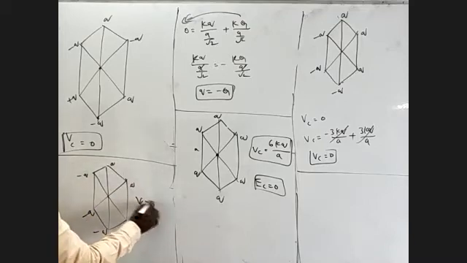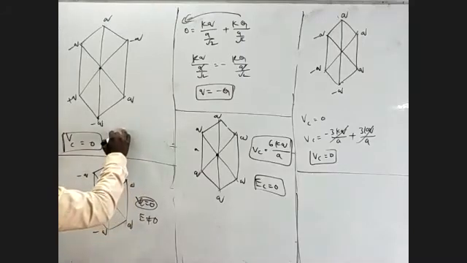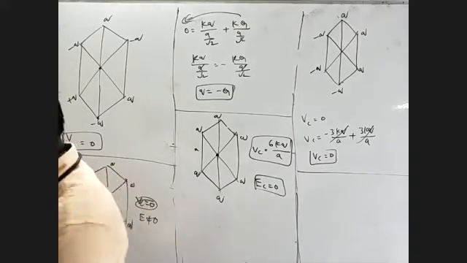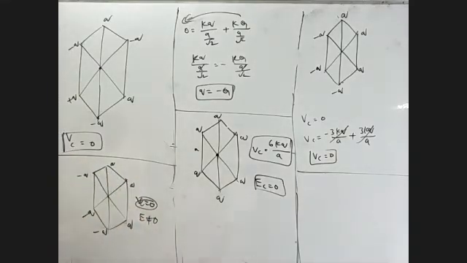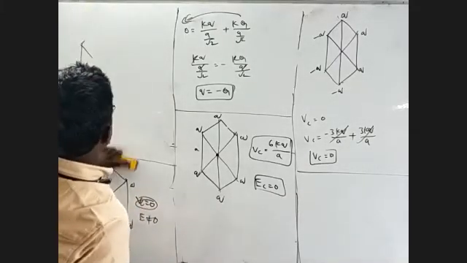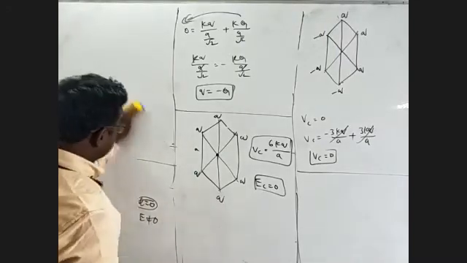So VC is 0, but E is not equal to 0. Okay, that is your answer. Next, the last model, a hexagon.